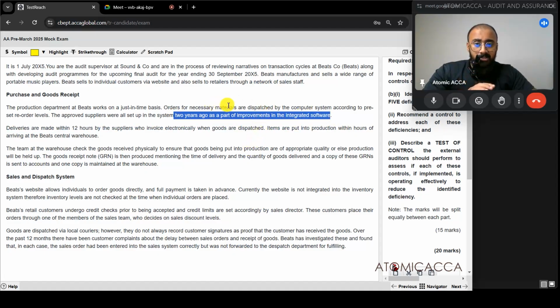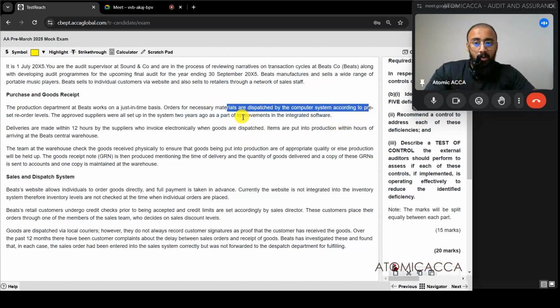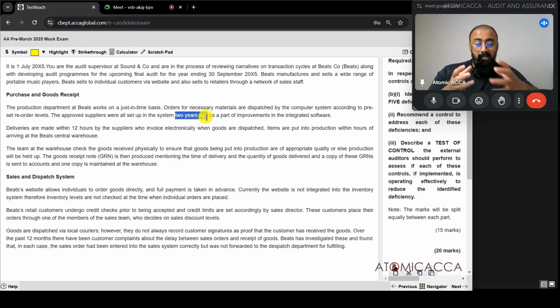It is good that there is a computerized system for making the orders, but keep in mind all these suppliers that have been approved was entered 2 years ago. So there are chances that these suppliers might have increased their pricing. There are chances that they're no more giving extended credit terms. There are better suppliers in the market who are giving better quality at a little cheaper price. So these are not integrated into the software.